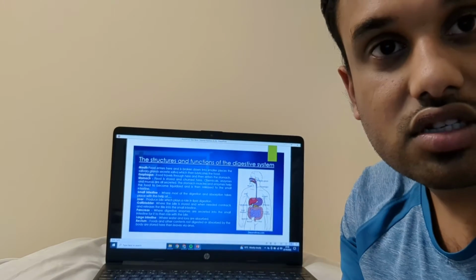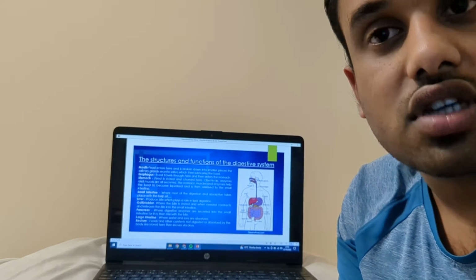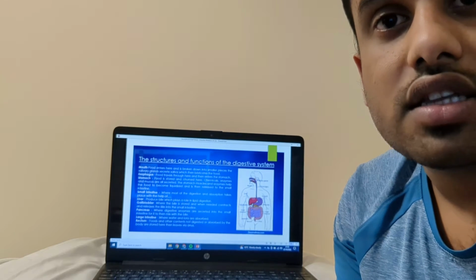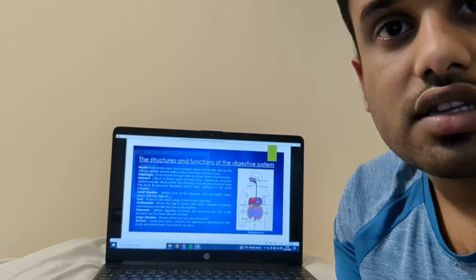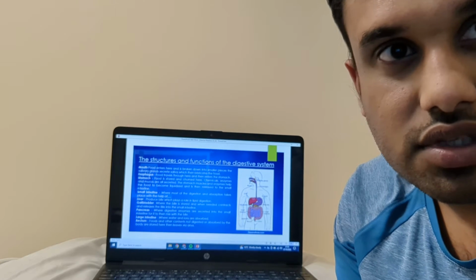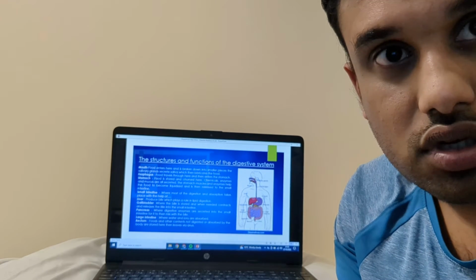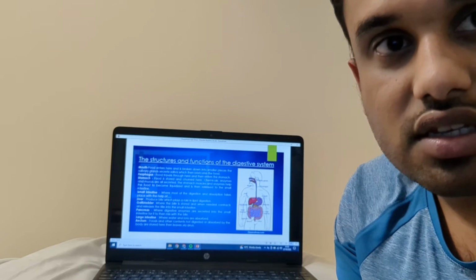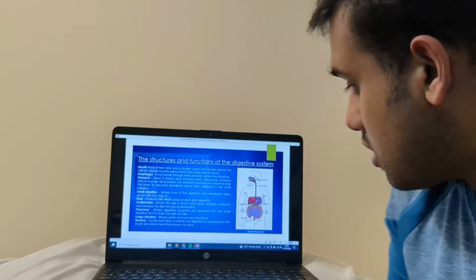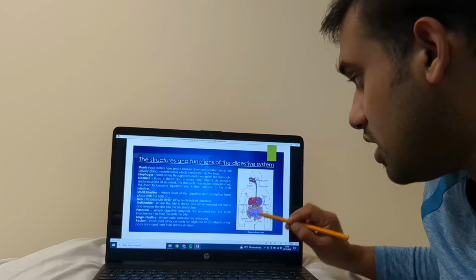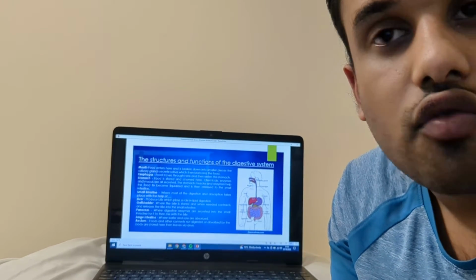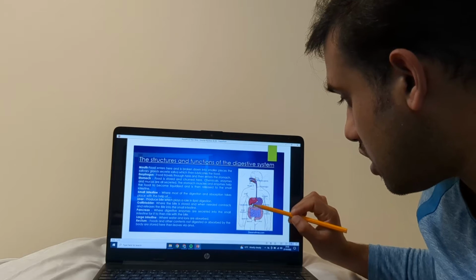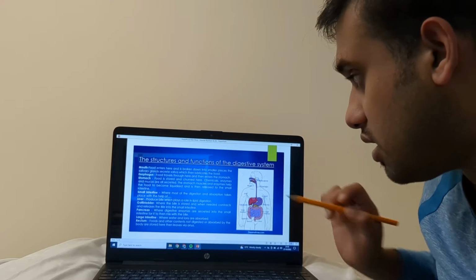When the food reaches the stomach, it is stored, and the chemicals, enzymes, and mucus are secreted, and the stomach muscles and enzymes help the food to become liquidized and then released to the small intestine. In the small intestine, digestion and absorption take place with the help of the liver, gallbladder, and the pancreas.